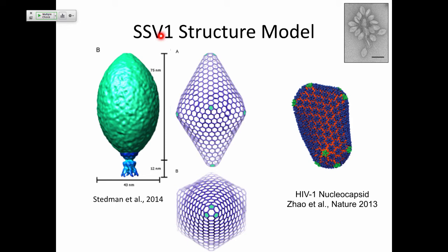And you could imagine that this nice rounding up of the structure is due to VP3, and that stretching is when you don't have VP3 there. And so that's the hypothesis that we're trying to address right now. Presumably you would expect to see VP3 right around here in virus particles and not so much at either end. The ends look extremely similar in those VP3 deletions.